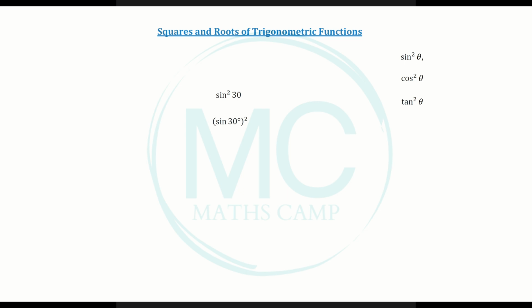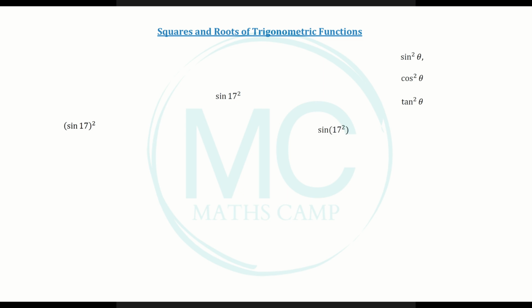As an example, let's look at sine 17 squared. Unfortunately, even though it may be a more common way to write it, it leads to even bigger problems. What do we do with this now? Do we need to square sine 17 or do we just square the 17?